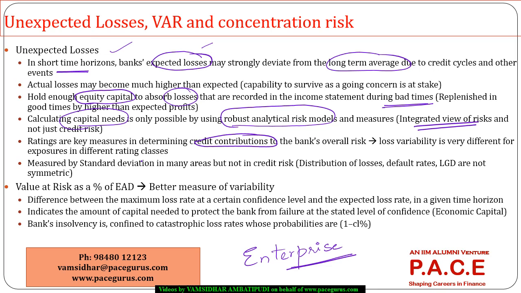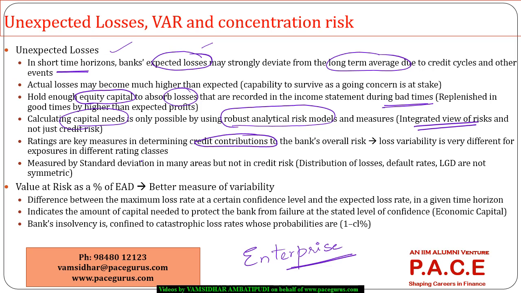Though I have to look at the overall integrated view of the risk, the credit risk becomes a very important aspect in the process, and the credit ratings given by the rating agencies become very essential measures in determining to what extent credit risk is typically contributing to the overall bank risk.